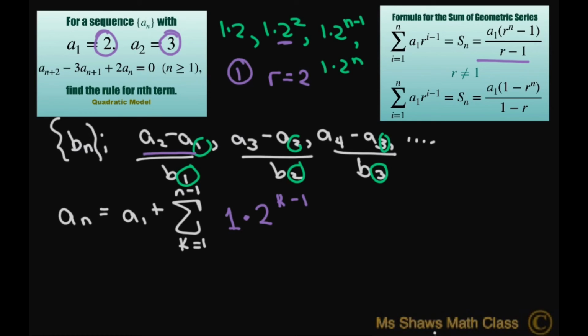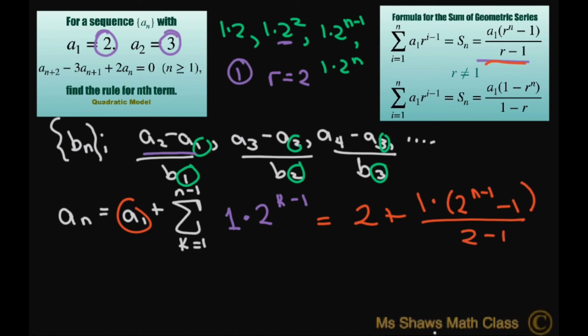All right. Now, let's see. This is going to end up being 2, a sub 1 is 2, plus, and then using our formula, we're going to have 1 times 2 to the power of n minus 1 minus 1, all divided by 2 minus 1.